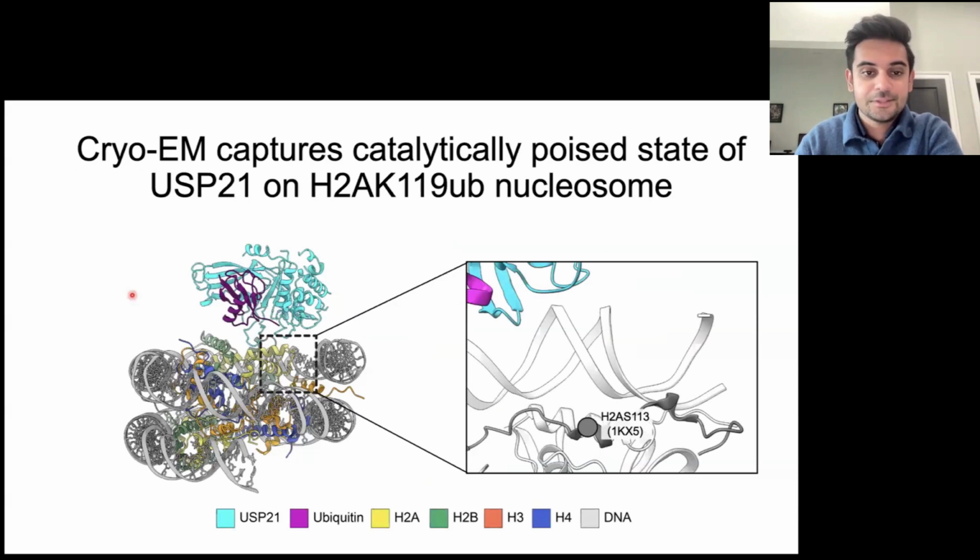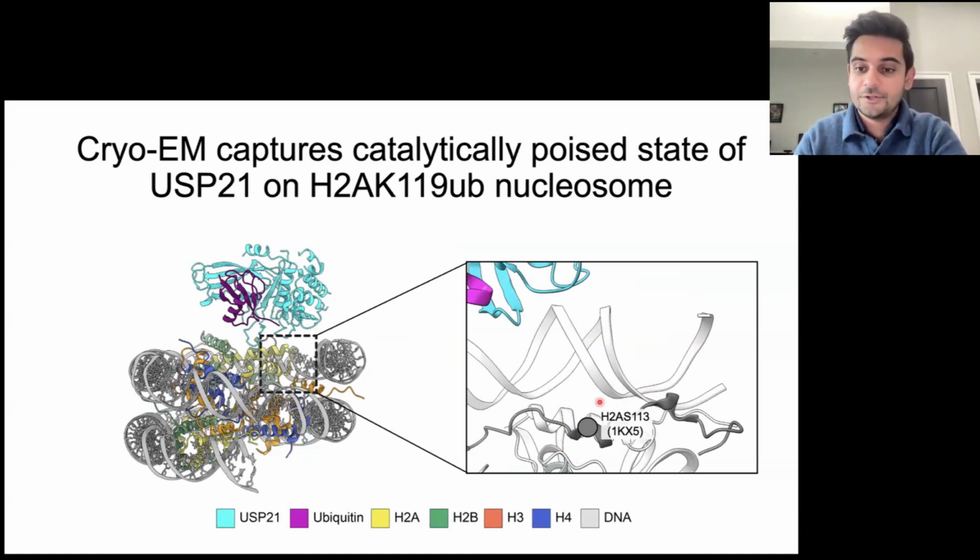One of the first features that we identified was that the H2A C-terminal tail remodels itself in order to orient ubiquitin into the catalytic site of USP21. If you look at a crystal structure of an unmodified nucleosome, you will see that the C-terminal tail of histone H2A, where ubiquitin is conjugated, lays flat on the surface of the histone octamer.